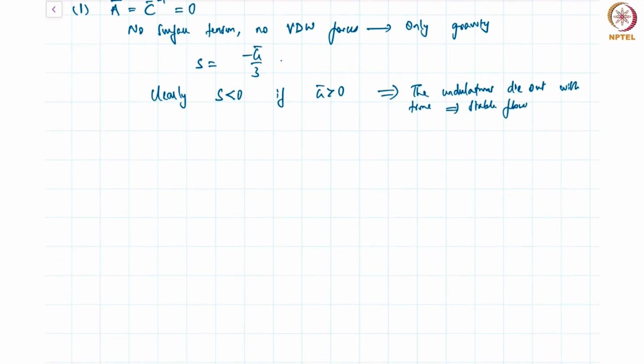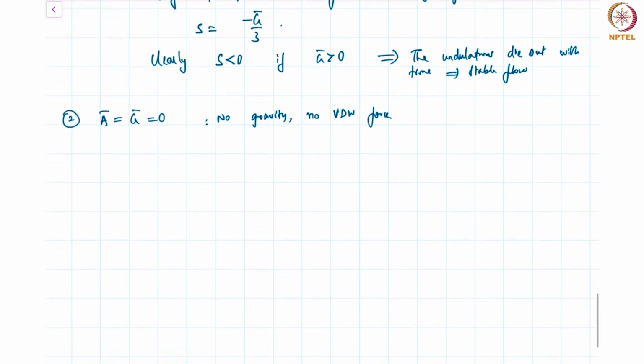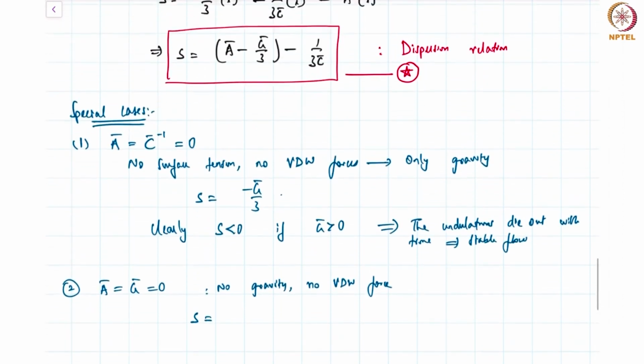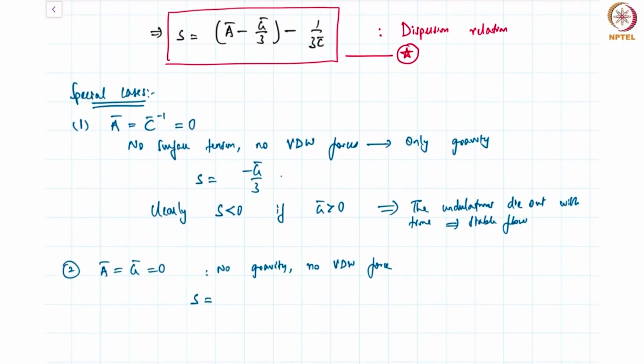Okay, now let's look at another special case, which is A bar and G bar are 0, that is no gravity, no van der Waals force. Again, in this case, S essentially becomes, if you look at this equation, the first two terms in the bracket disappear in equation star.